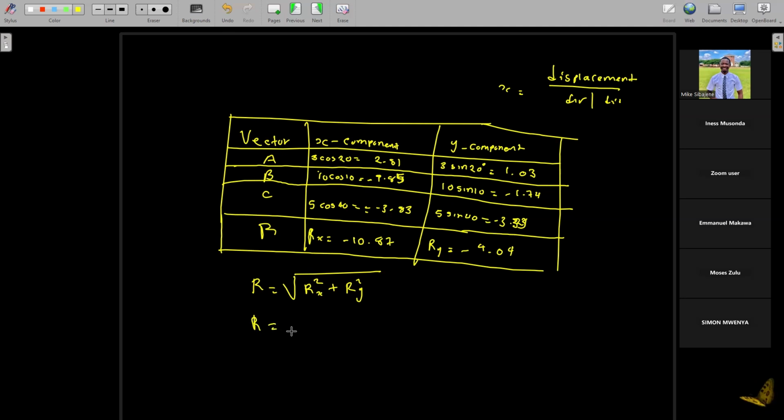So your resultant vector R is given by the square root of negative 10.87 squared plus negative 4.04 squared. Someone punch these answers for me. What are you going to get?